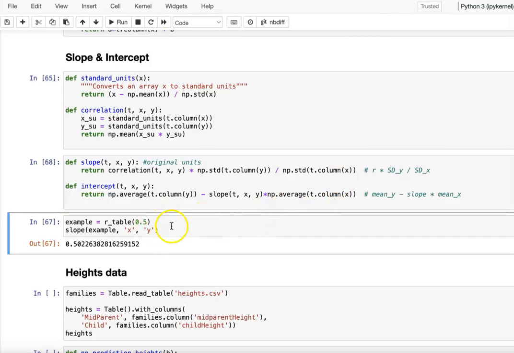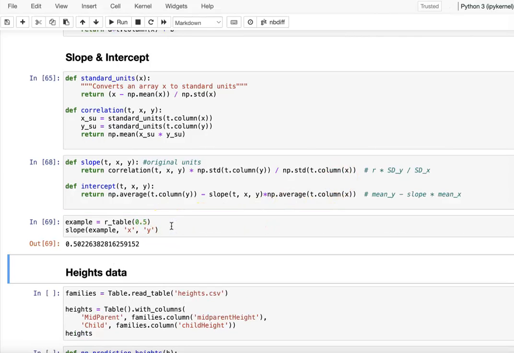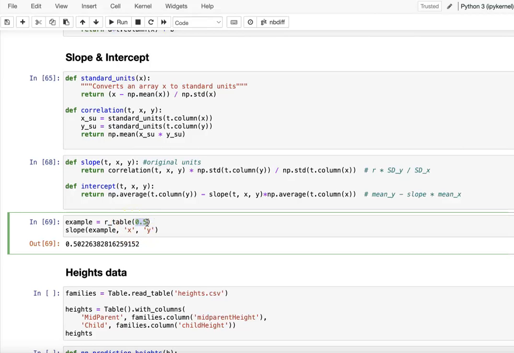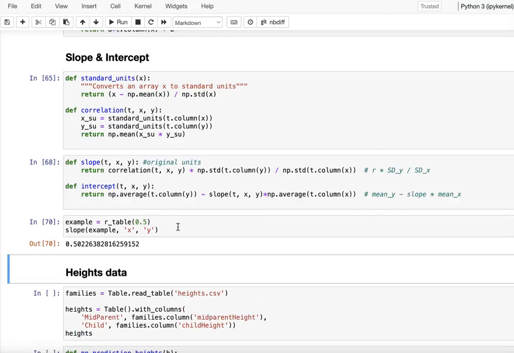That is why the result in the previous video was slightly different. When you have your correlation coefficient value and we calculate the slope as well, you will see the slope is not exactly equal to r, the correlation coefficient, but they are very close.